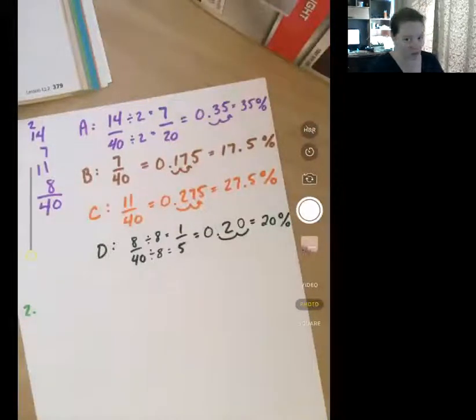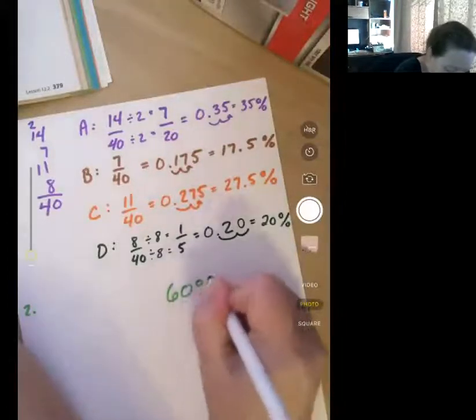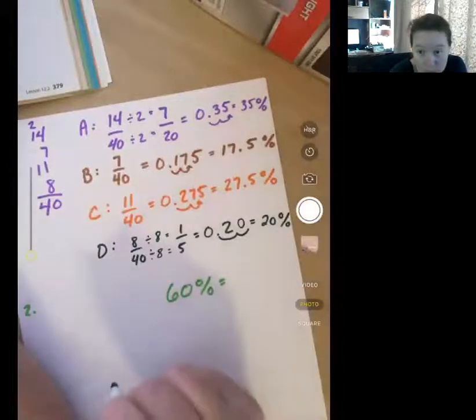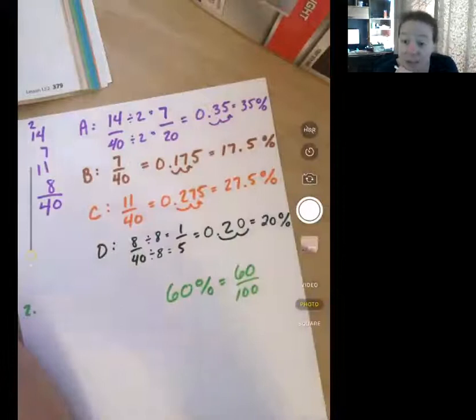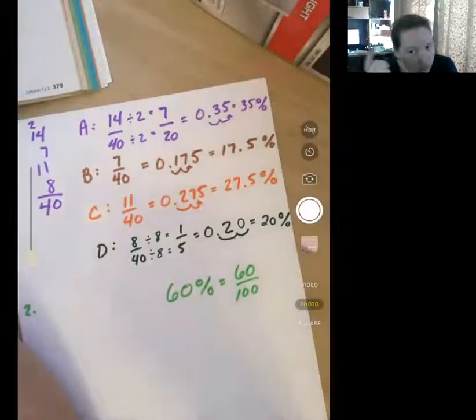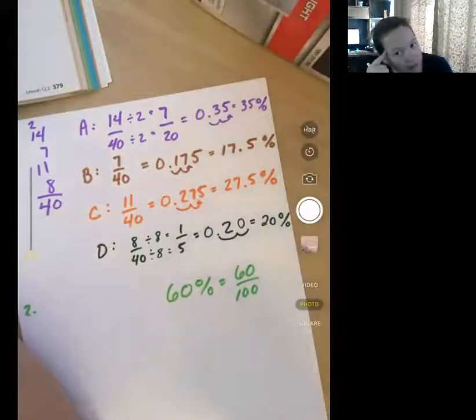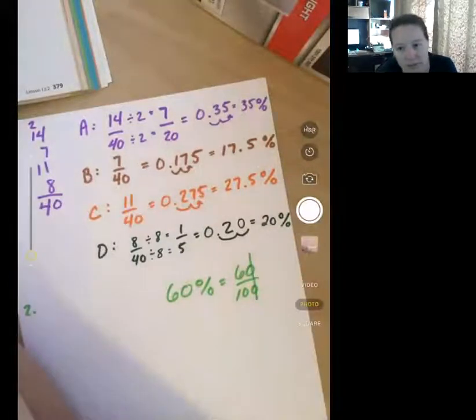Let's talk about this for a little bit. So 60% is equal to 60 over 100. That is literally what percent means. Percent literally means over 100. And remember I said before, if I have zeros on the outside, I can just cross off the zeros.